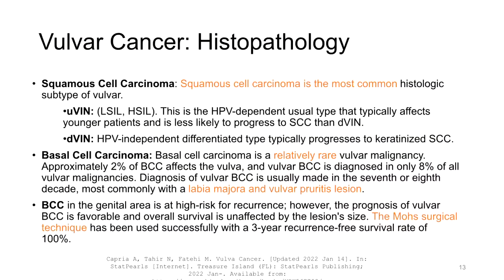Regarding vulvar cancer histopathology, as I told you before, we have the squamous cell carcinoma that we already talked about, with the usual type and the differentiated type, but there's also the basal cell carcinoma, which is very rare. It's commonly located in the labia majora, in the vulva, and it also causes pruritus. The problem with basal cell carcinoma is a high risk of recurrence.